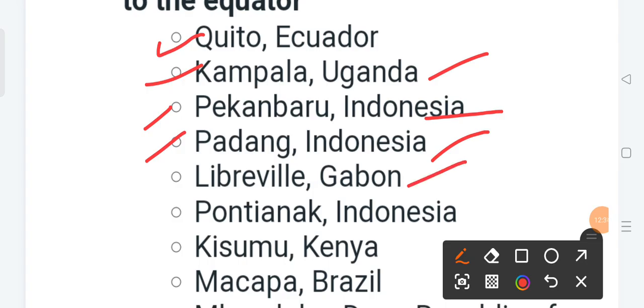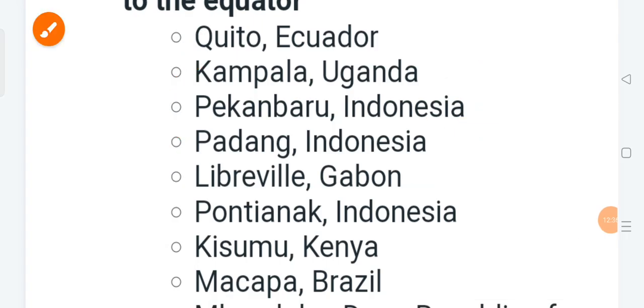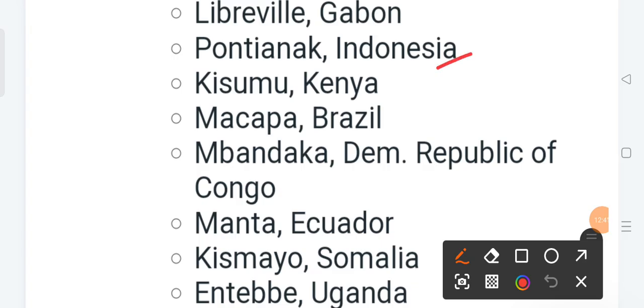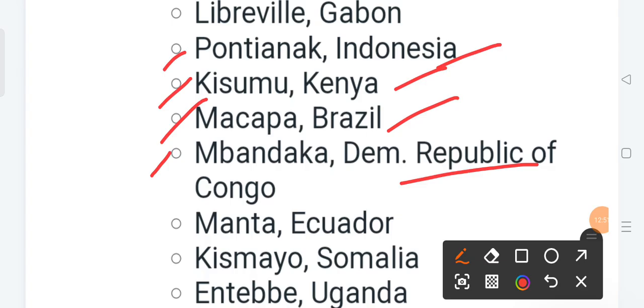In Gabon it is Libreville. While in Indonesia it is Pontianak. In Kenya it is Kisumu. In Brazil it is Macapa. In DRC it is Mbandaka.